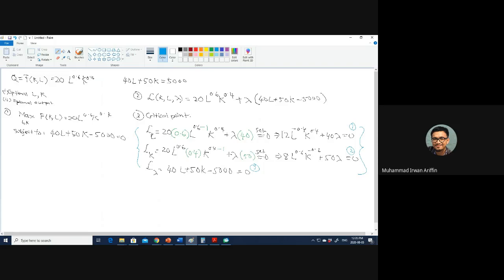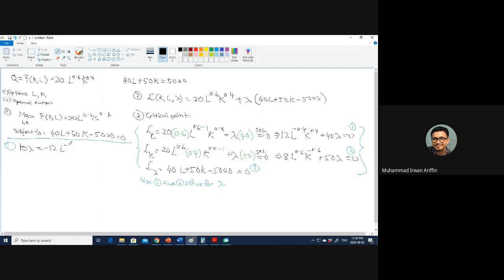Now, perhaps a better strategy would be to use equation 1 and 2, and solve for lambda. So let me use this space now. From equation 1, we're going to have 40 lambda equals, I'm going to bring all the other things to the other side, 12 L to the power of negative 0.4, K to the power of 0.4.